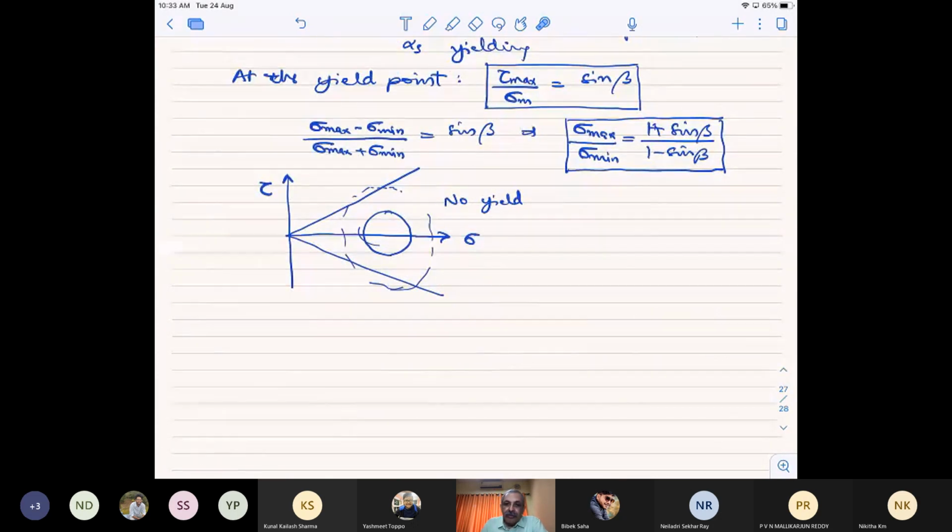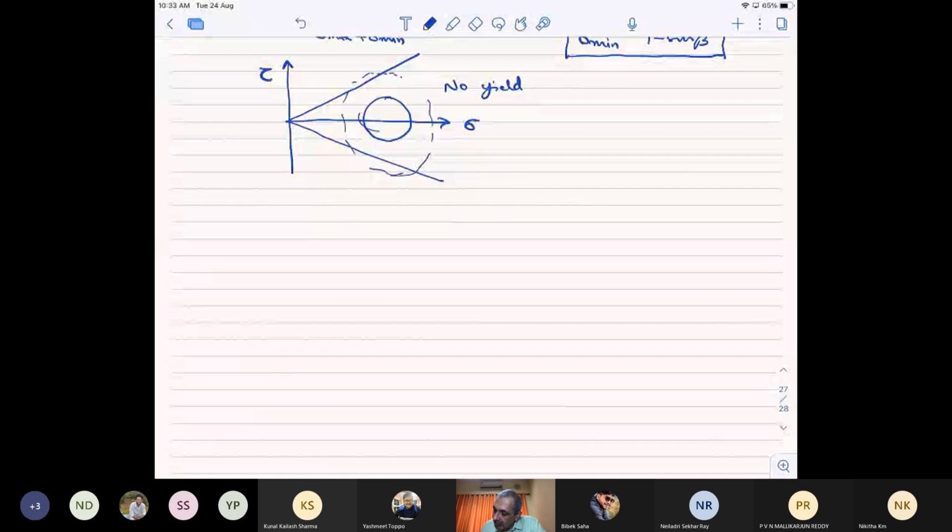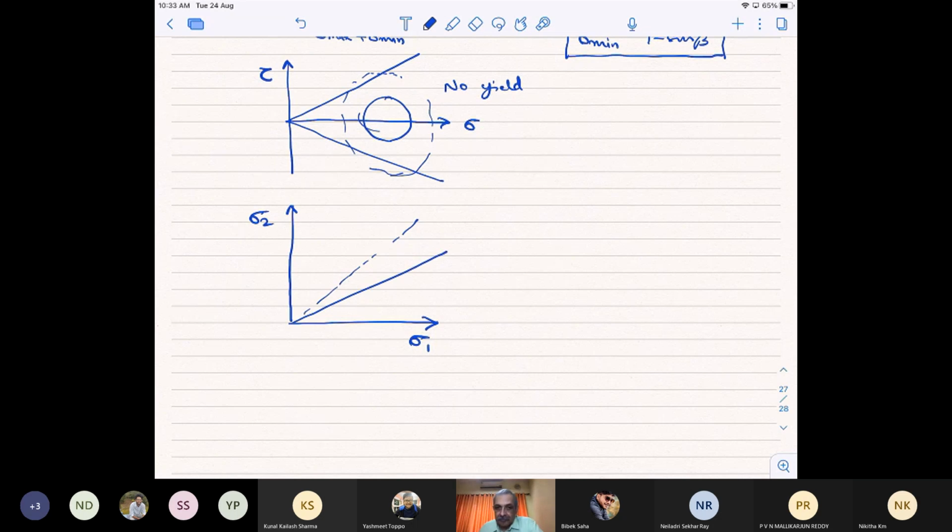So very often we will call this ratio by the constant K, and we can show the yield condition in terms of this constant by plotting. I'll call this sigma 1 and sigma 2, which could be sigma max or sigma min. If sigma 1 is sigma max, then this is the yield line.